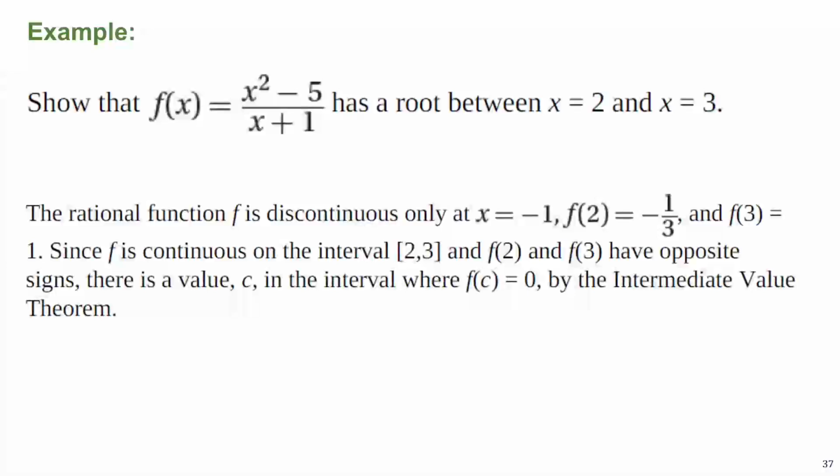And then we can check their image at x equals 2 and 3 respectively. We know f(2) will give you -1/3 and f(3) equals 1, right? Since f is continuous on the closed interval 2 to 3, and f(2) and f(3) have opposite signs, there is a value c in the interval where f(c) equals 0. Can you see that? By the intermediate value theorem.